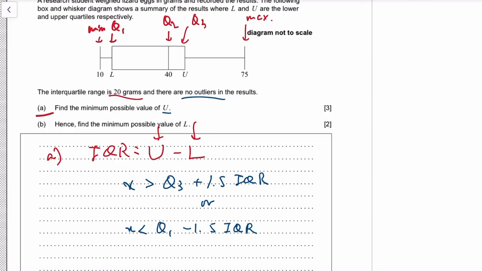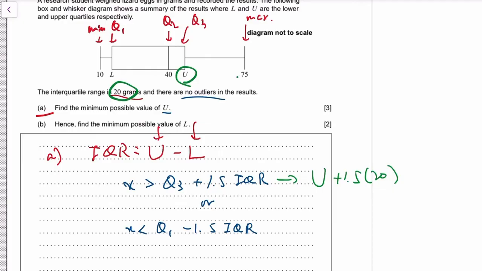But the question is about U, so it seems like we'll be using Q3, because U is Q3. So we know if a data point is bigger than U, which is Q3, plus 1.5 times the interquartile range, which is 20, that would be an outlier.